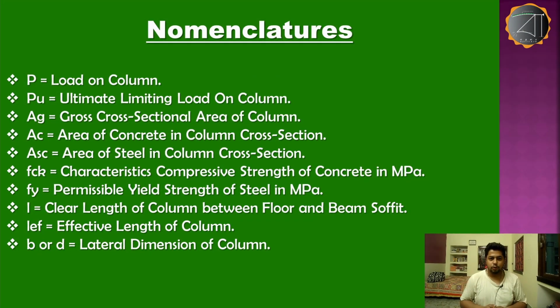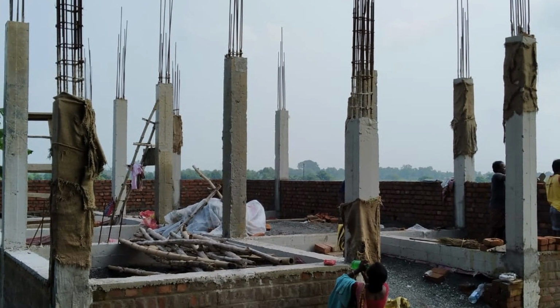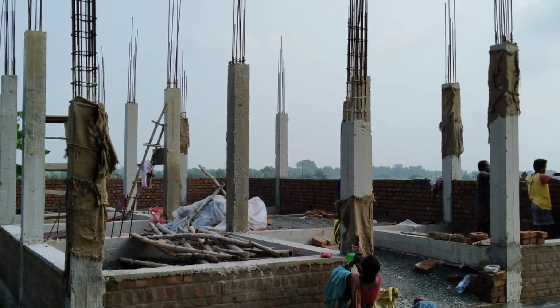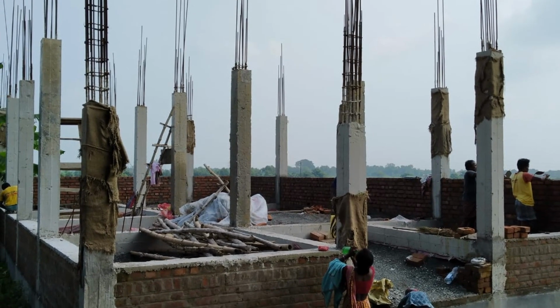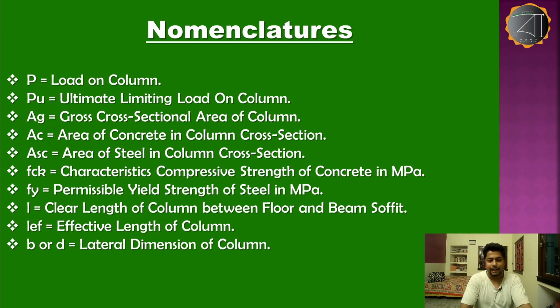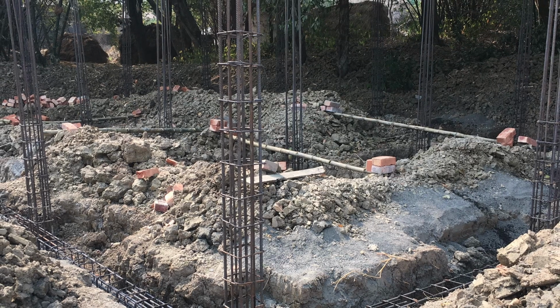Some nomenclatures which we will be using during this design procedure that we must know. P is the load on the column, PU is the ultimate limiting load on the column, AG is the gross cross-sectional area of the column, AC is the area of the concrete in the column cross section, ASC is the area of the steel in the column cross section, FCK is the characteristic compressive strength of concrete in MPa, FY is the yield strength of steel in MPa, and L is the clear length of the column between floor and beams.